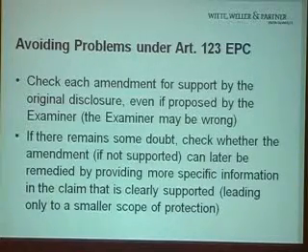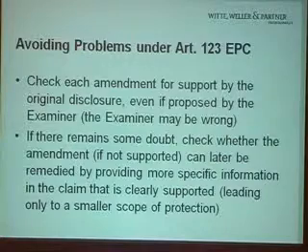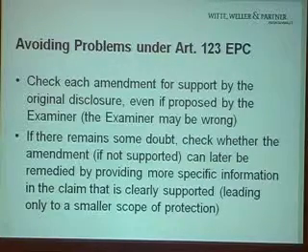Well, when you make any amendment, you should check each amendment for support by the original disclosure, and you should look whether it's found literally in the original disclosure. In some cases, it may even be proposed by the examiner, and the examiner may be wrong.